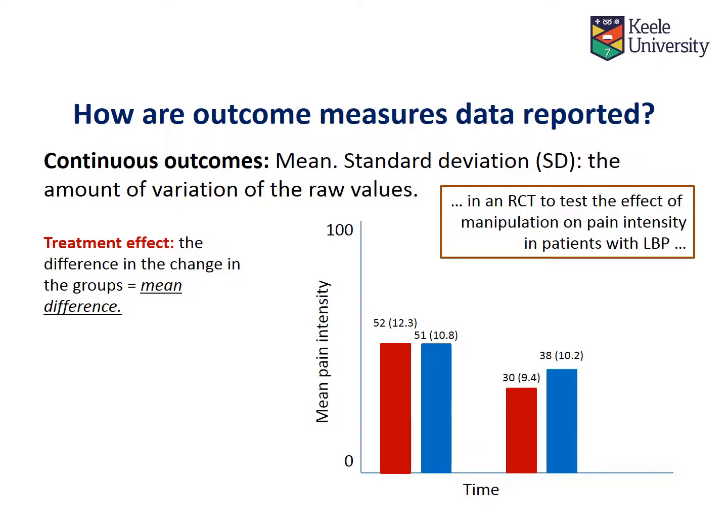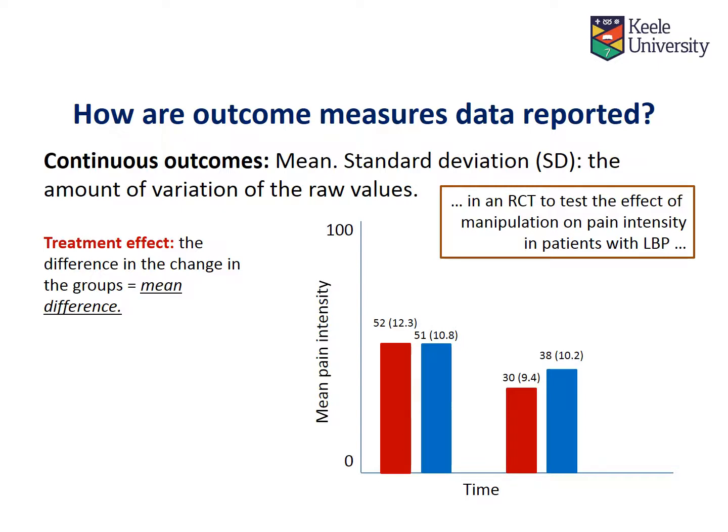And near baseline, the mean pain intensity in the active group was 52. So between 0 to 100, we asked everybody in that group about their pain severity or intensity, and they gave us various values. Their mean was 52.